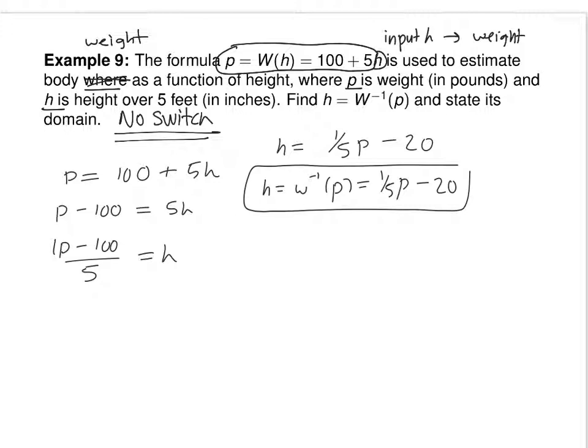Now its domain. So this domain is the range of P, right? Now this specific model specified that to be a member of this model, you had to be taller than 5 feet.